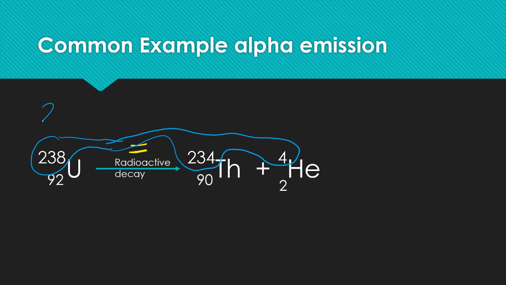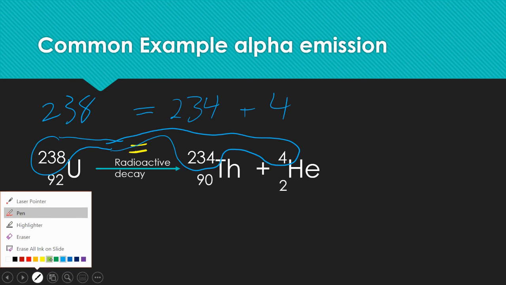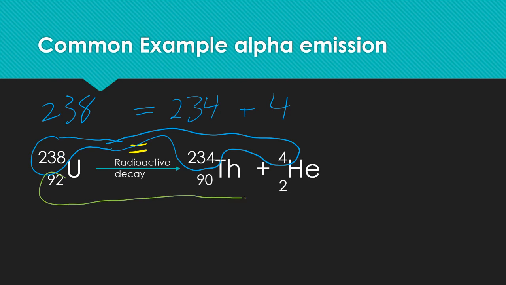And 238 equals 234, thanks dyslexia, and 4, right? 234 plus 4 equals 238. And then on the bottom side, we got the same situation going. All right, 92 equals 90 plus 2. So it's a nice way to determine what's missing.